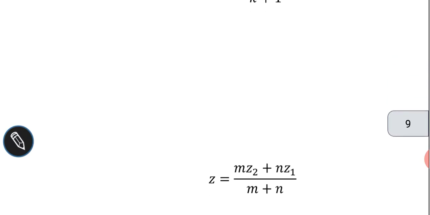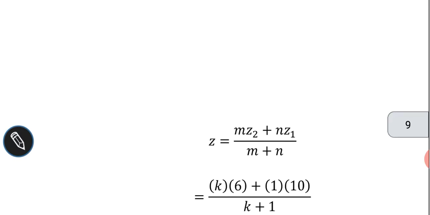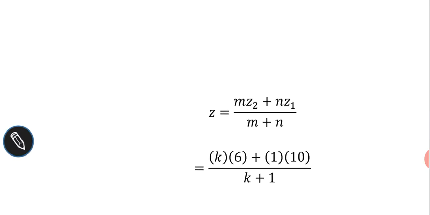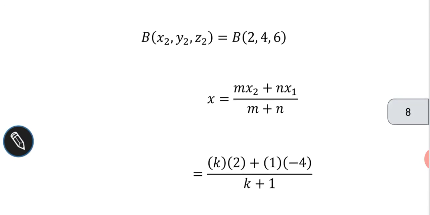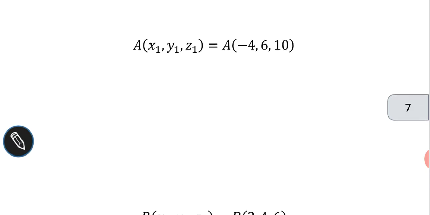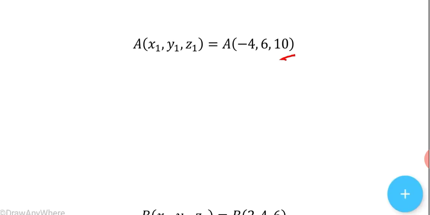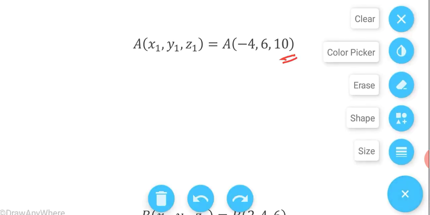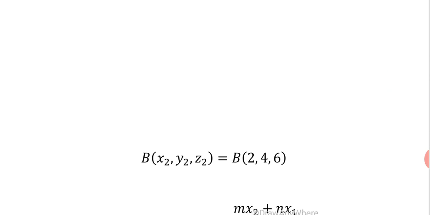Similarly, z is equal to (m z2 plus n z1) divided by (m plus n). So substituting the corresponding values, we get z is equal to (k into 6 plus 1 into 10) divided by (k plus 1). For z1 we have 10, for z2 we have 6.